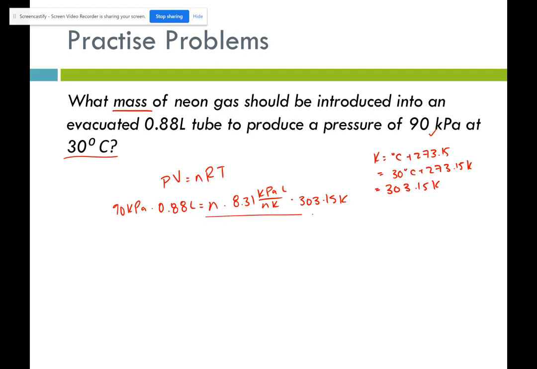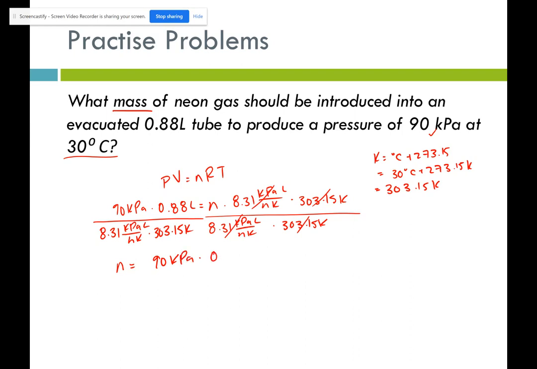Now we need moles by itself again, so we're going to divide both sides by 8.31 kilopascal liters per mole Kelvin and 303.15 Kelvin to get rid of these guys. Whatever we do to the left, we have to do to the right. Okay. So it's going to give us moles equals 90 kilopascals times 0.88 liters divided by 8.31 kilopascal liters per mole Kelvin and 303.15 Kelvin.